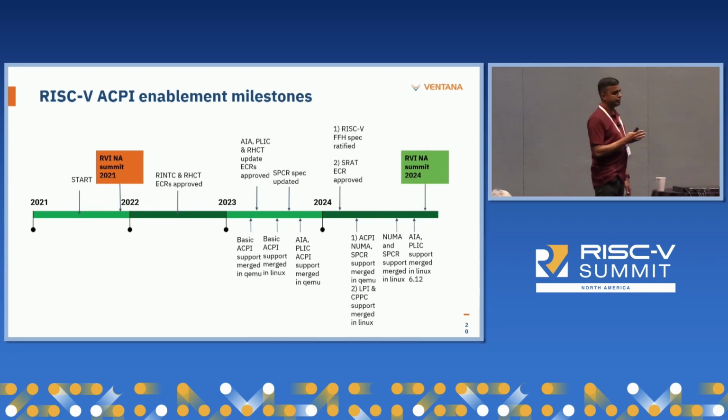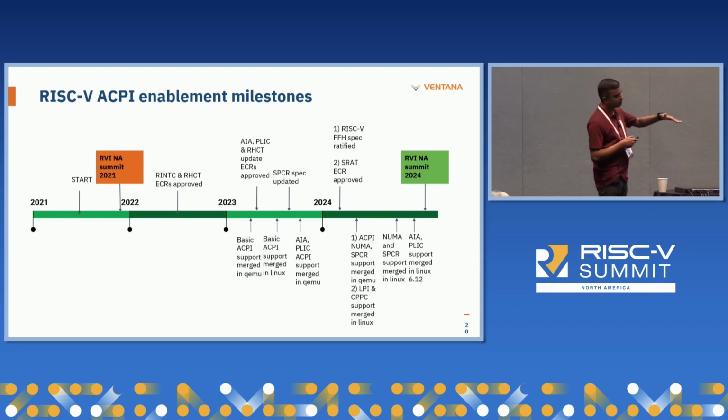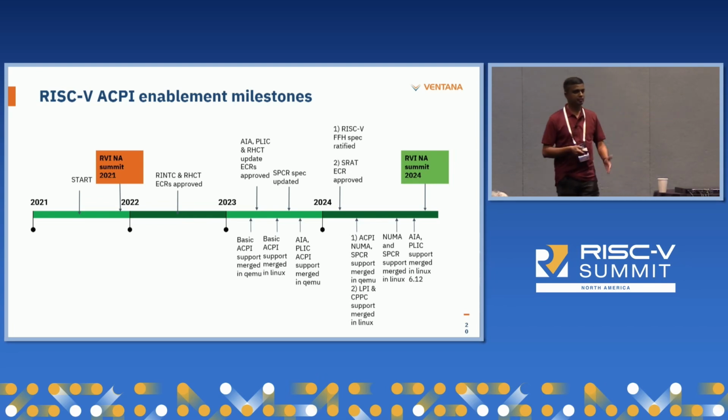Then we got the AIA approved once AIA was ratified. Then we got the SPCR spec updated, which is maintained by Microsoft. And we also got the updated FFH spec ratified by RVI. And the NUMA support we added in 2024. The bottom half shows the upstreaming effort.